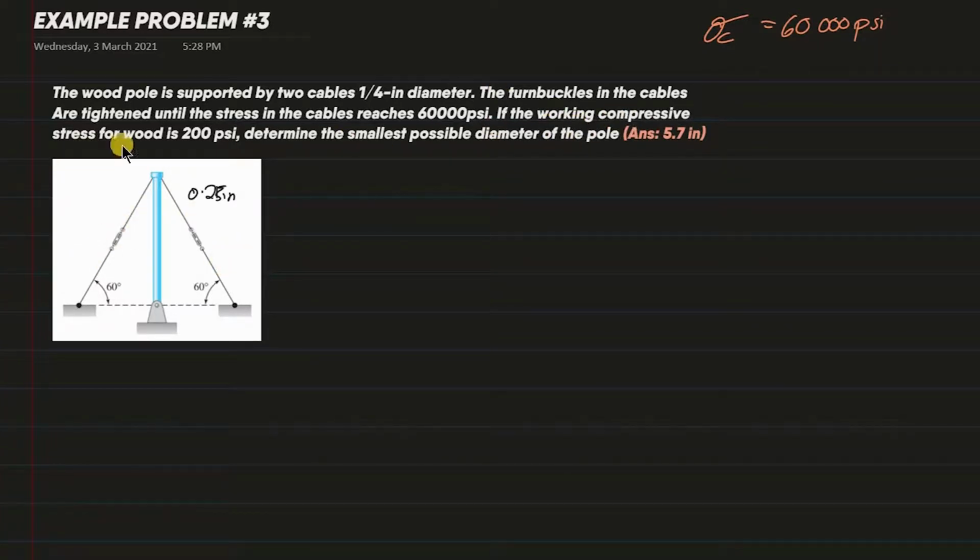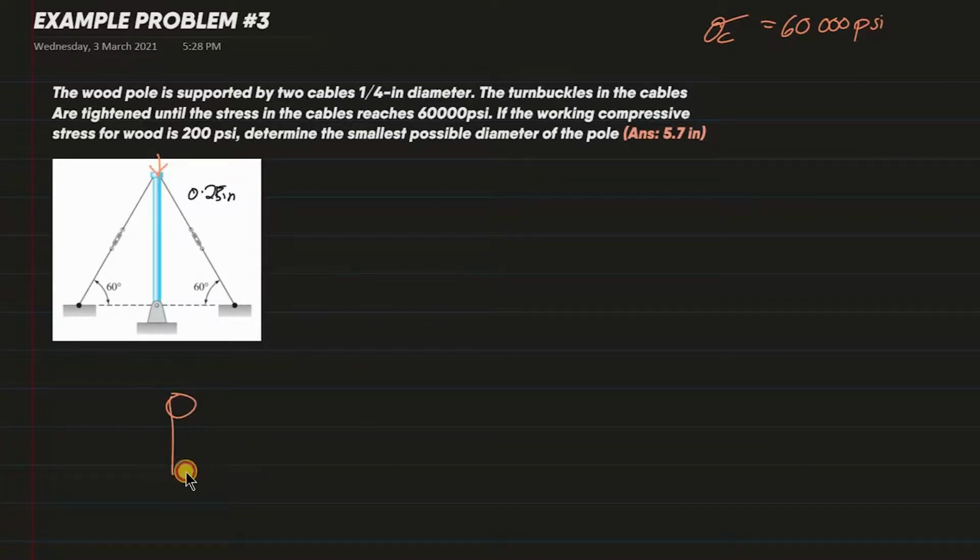If the working compressive stress for wood is 200 PSI, anong ibig sabihin ng working compressive stress? Ibig sabihin mga bis, itong ating wood, mahihila to kasi nga matatighten siya. So ibig sabihin, mahihila rin siya pababa. Parang may load na nagpupush dito sa kanya pababa kasi hinihila ng dalawang kable. Kapag may nag-act dito sa area na to, then may stress din dito sa wood.